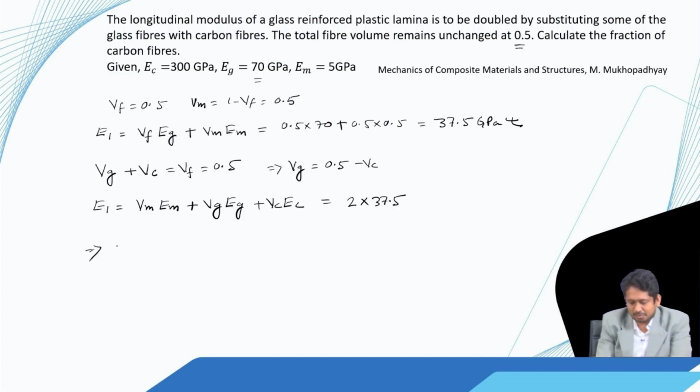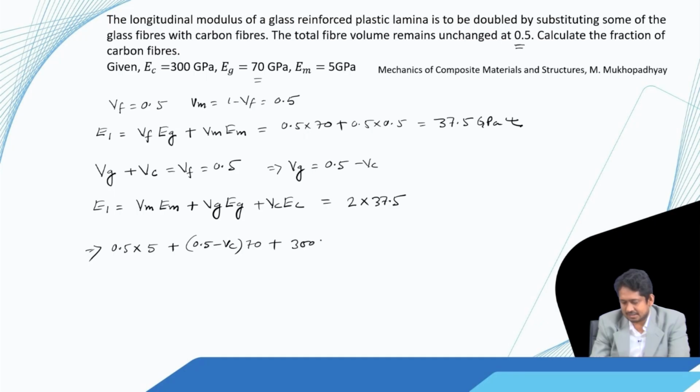Now, here we have Vm known to me which is 0.5, Em is given to us which is 5, plus Vg is 0.5 minus Vc, and that is going to be multiplied by Eg which is 70, plus Vc is something which I do not know, that has to be figured out, and Ec is 300. So, it is 300 multiplied by Vc and this is equal to 75.